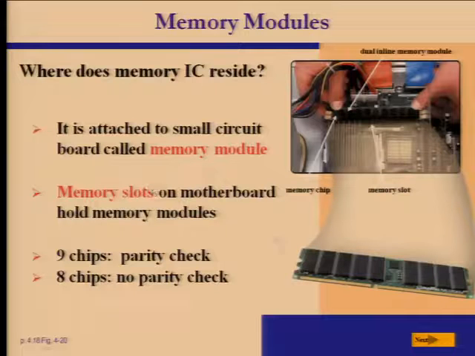In order for this to be connected to the motherboard, the motherboard should have the so-called memory slots. The memory slots are always there, and typically they will provide 4 slots. So if you buy 1 gig per module, you can put 4 gigs in maximum.